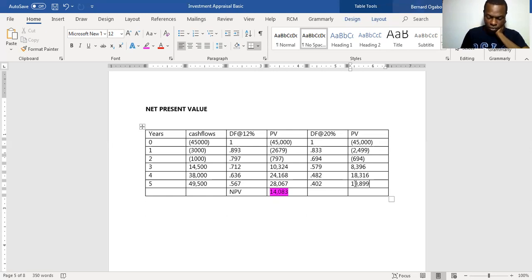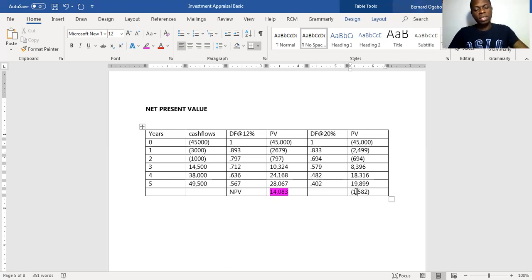So 18,316 plus 19,899 plus 8,396 less 694 less 2,499 less 45,000. We have 1,582 negative.